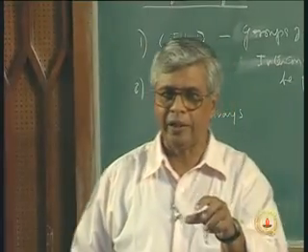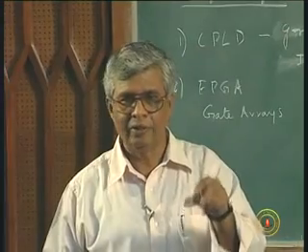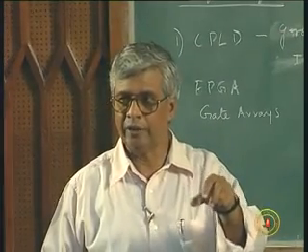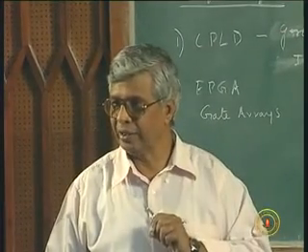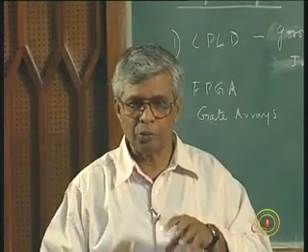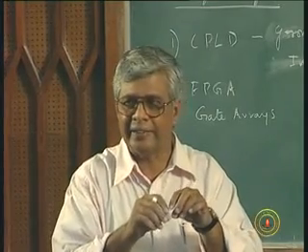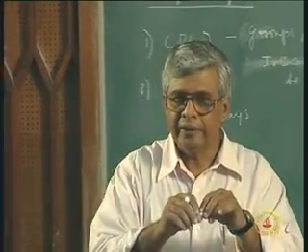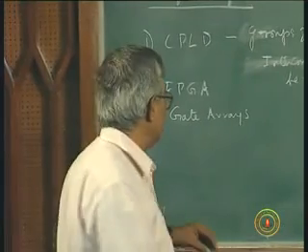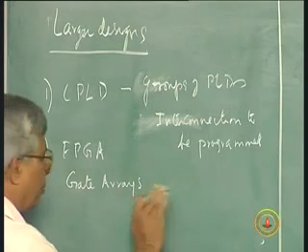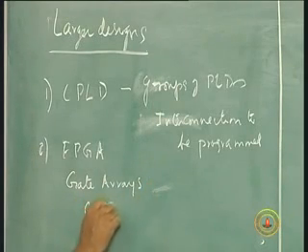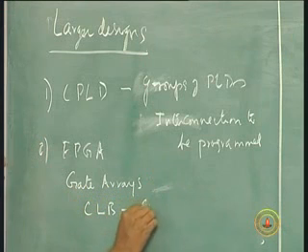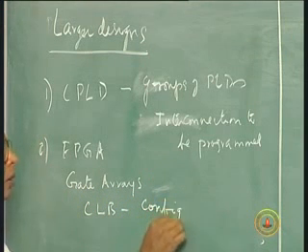You know, with gates you can design a multiplexer. With gates you can design a flip-flop. With gates you can design an exclusive OR gate and all that type of thing. So we have small units of gate arrays which are called CLBs, configurable logic blocks.